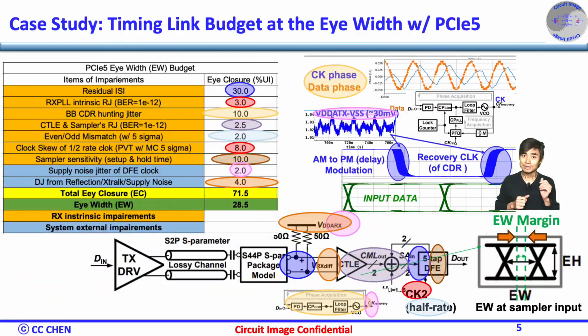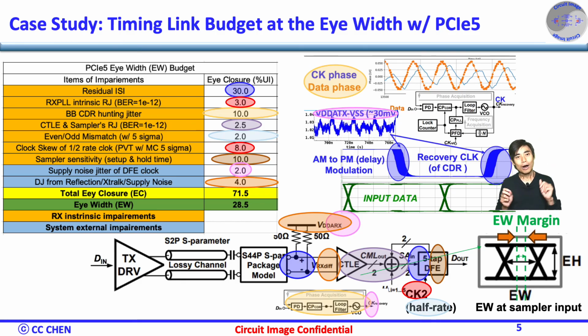Let's check the link budget of the eye width analysis in the table. First, we accept the total worst case 30% UI TX total output high pass filter jitter, RJ plus DJ, from most jitter specifications.